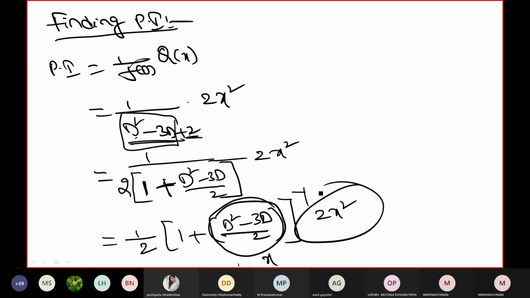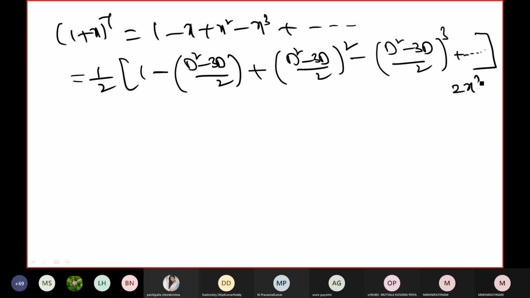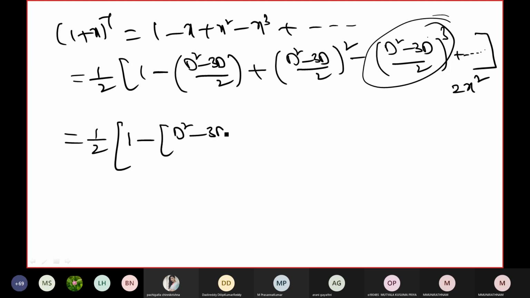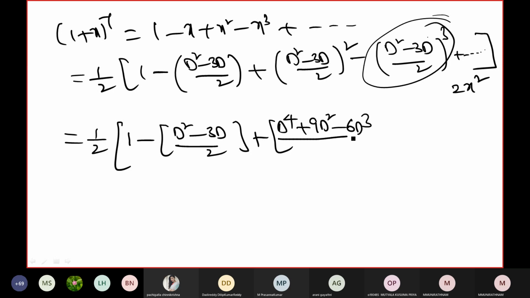Since it is x square, this cube term is not needed. Expanding a little: d square minus 3d by 2 plus d power 4 plus 9d square minus 6d cube by 2 square, which is 4, minus and so on.